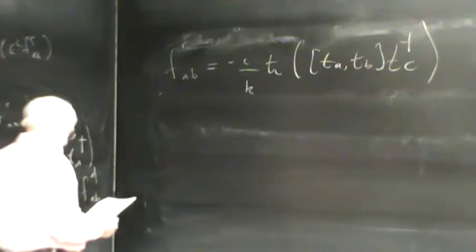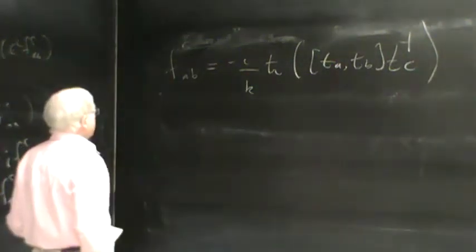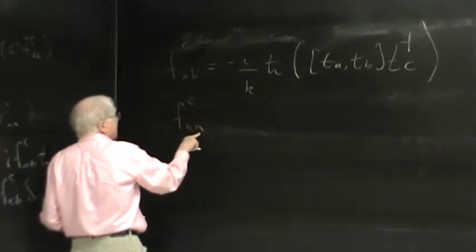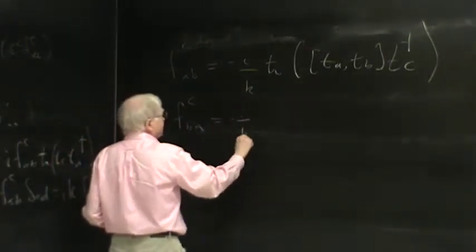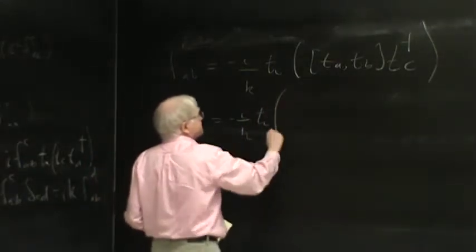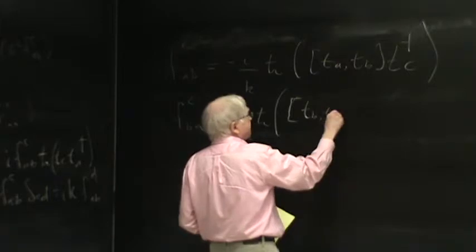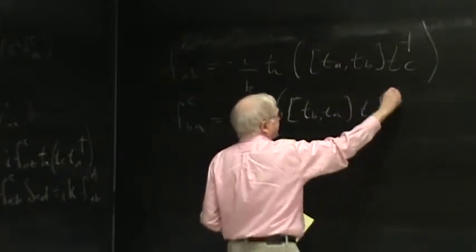Okay, now notice that if instead we write down BA, then this is minus i over K trace of the commutator, TB TA TC dagger.